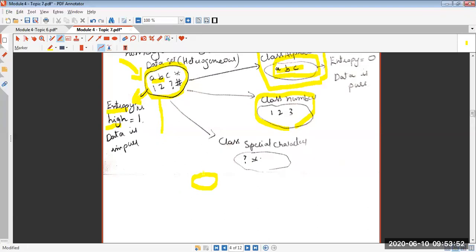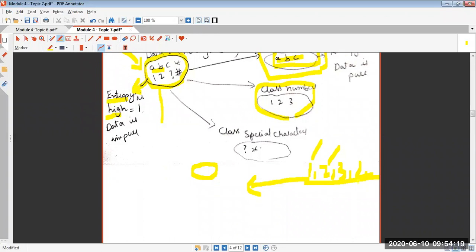Among the attributes that I have, for example, 1, 2, 3, 4, if it is the case of identifying a student, 1 may be a uniform color, 2 may be an ID card. Please try to relate in those terms. I cannot put all the attributes in one shot into a decision tree. You know the hierarchical structure of a decision tree. You should start with a root node. So among the available attributes, 1, 2, 3, 4, 5, 6, which attribute to be chosen as a root node? That is the first question or issue that you need to handle.